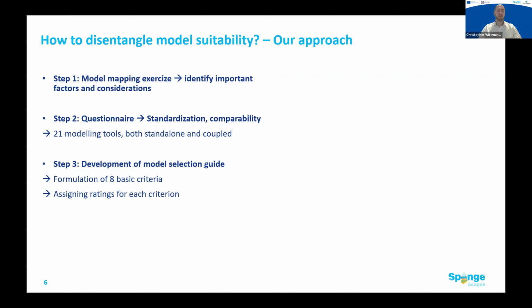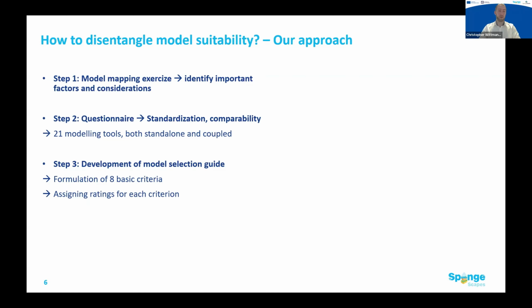And then the next step, we wanted to standardize a little bit more and create some sort of comparability between the different modeling tools that we have. So we developed a questionnaire that we would send out to the modeling experts within the SpongeScapes, but also to some selected experts outside of SpongeScapes, just to collect a much wider range of tools.